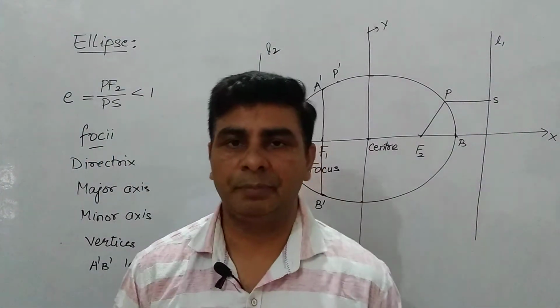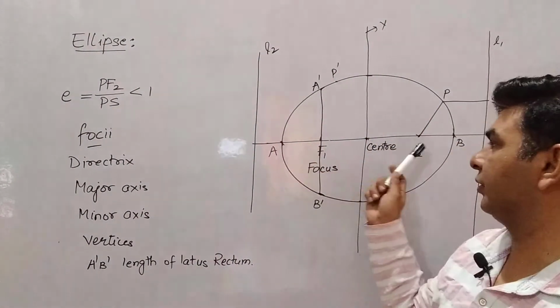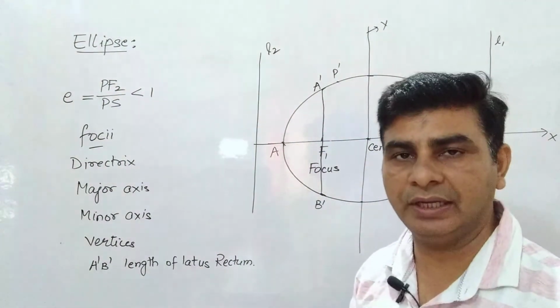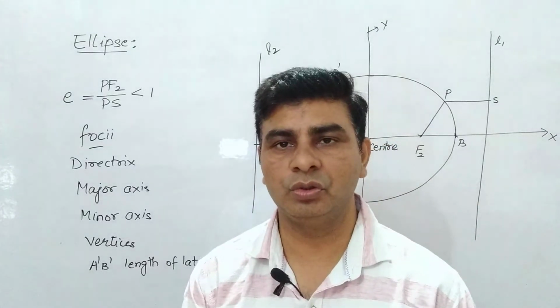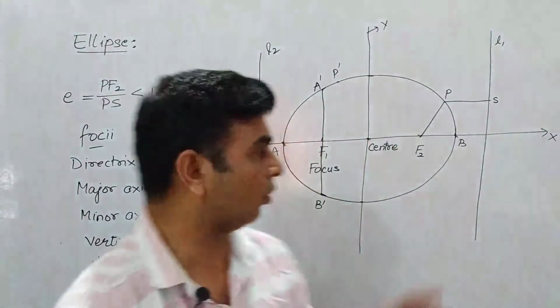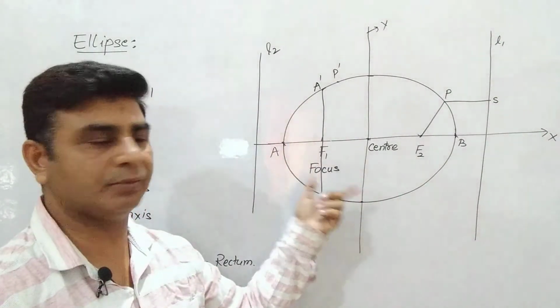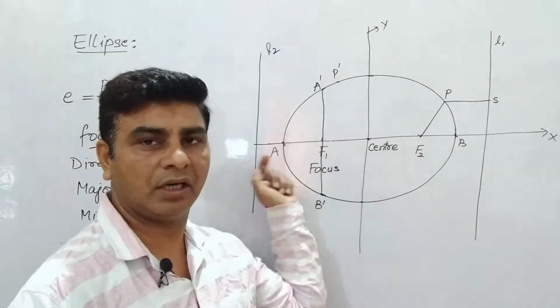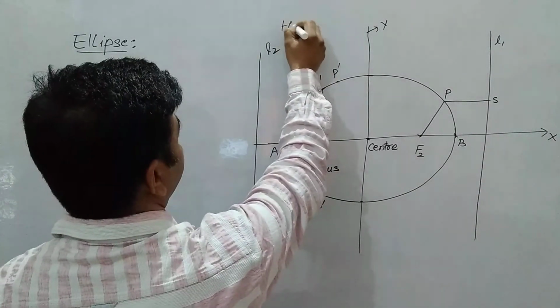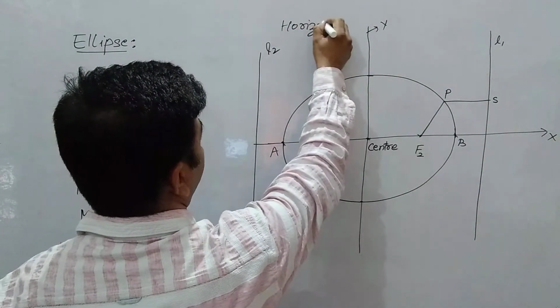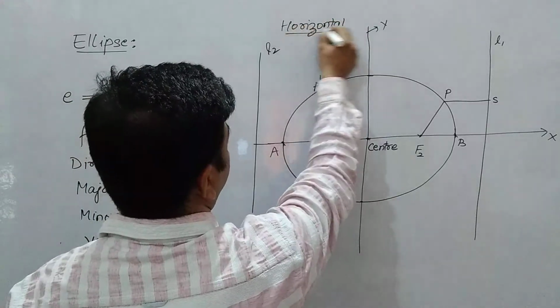So students, depending upon these two fixed points on the x-axis or the y-axis, the ellipse is categorized into two types. Number one, horizontal ellipse, in which the fixed points lie on the x-axis.